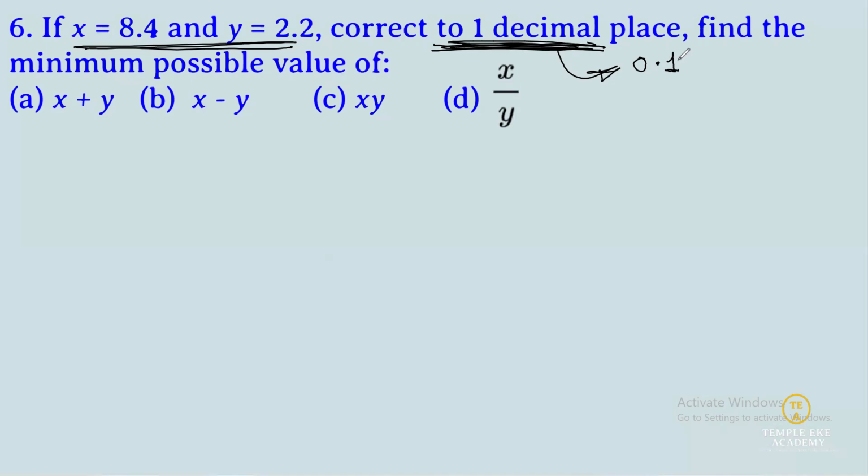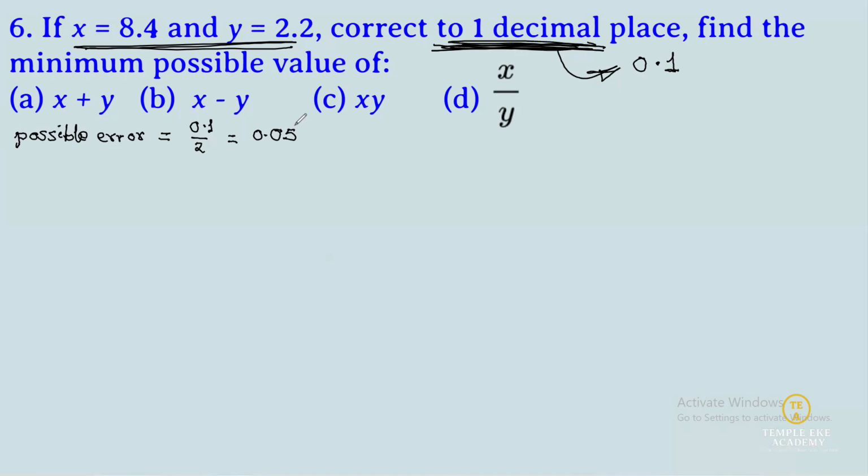Now let's go for the possible error in this calculation. The possible error is going to be 0.1 divided by 2. And once again, we have 0.05. Beautiful. This is the possible error.